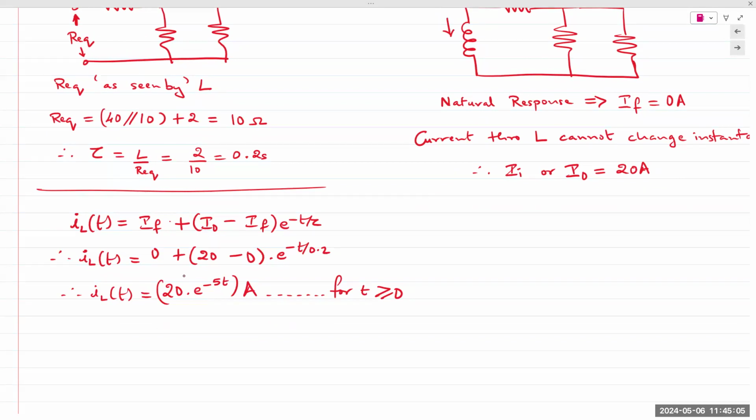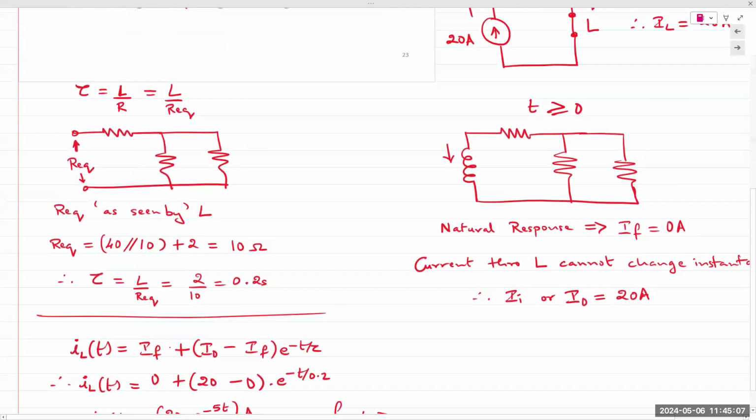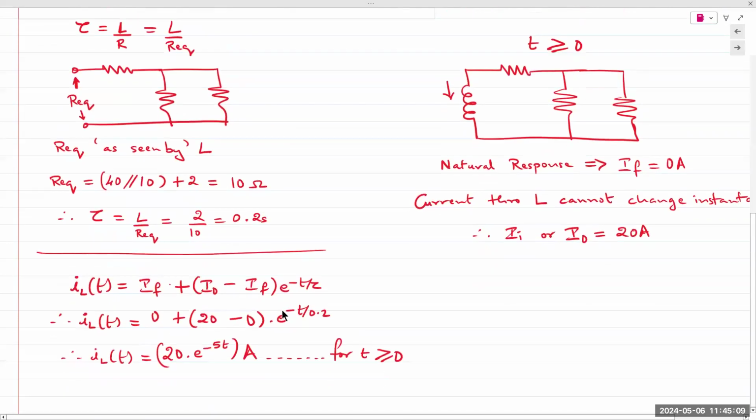Okay, greater than or equal to 0. Let me know if you have any questions.